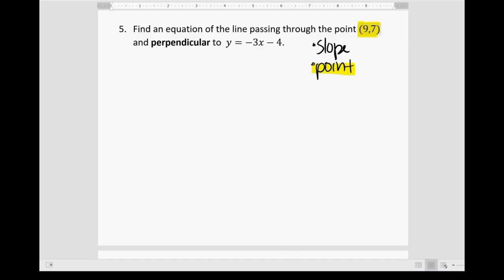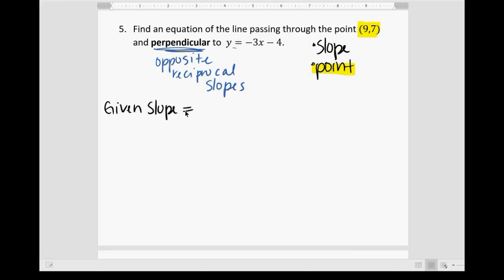What we do know is that the equation of the line is perpendicular to this equation that they give us. So perpendicular slopes are opposite reciprocal slopes. Alright? So the slope of this equation here, so the given slope, equals negative 3.